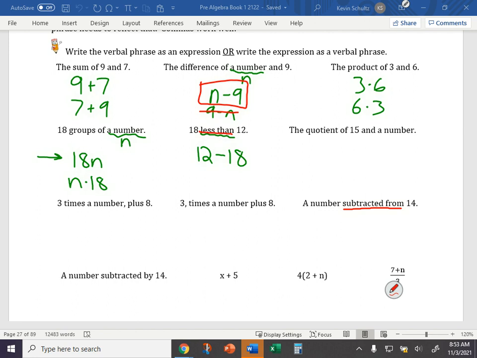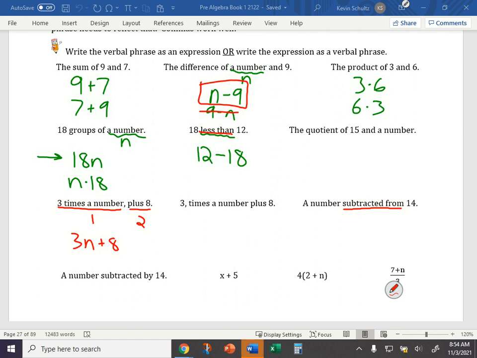What that comma does is it separates the operations. 3 times a number is being done first because of that comma. Then you're adding 8. That's your second step. So how you might write that, 3 times a number might be just 3n and then plus 8, because order of operations says you're going to have to multiply 3 and n first.